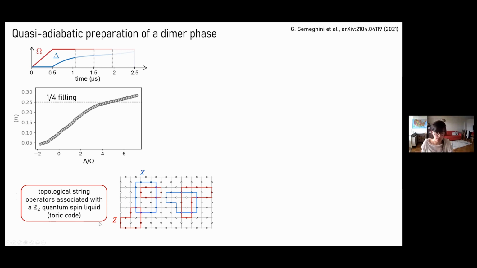This is something you might be familiar with if you know the toric code. It's very similar to what is defined there. In our case, we have a first string operator Z, which is a diagonal operator that simply corresponds to measuring the parity of dimers along a string. And this string needs to be perpendicular to the bonds of the Kagome lattice, as I'm showing here.